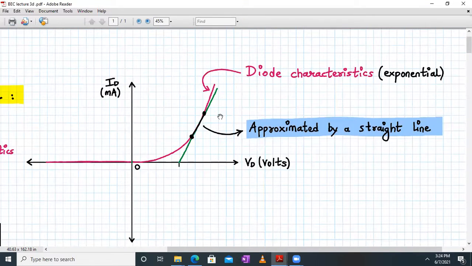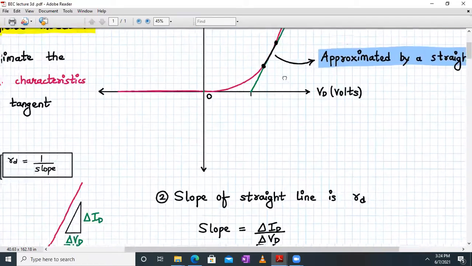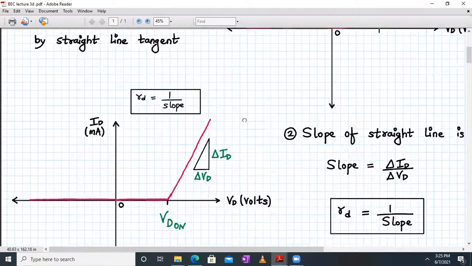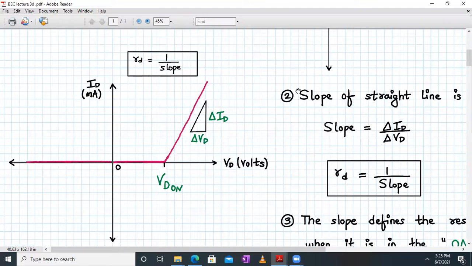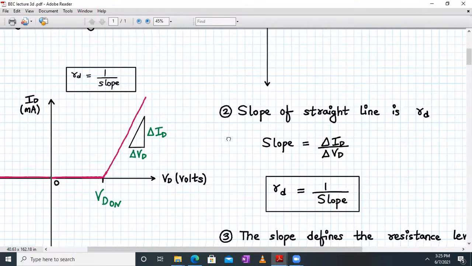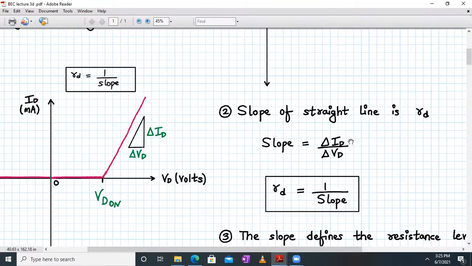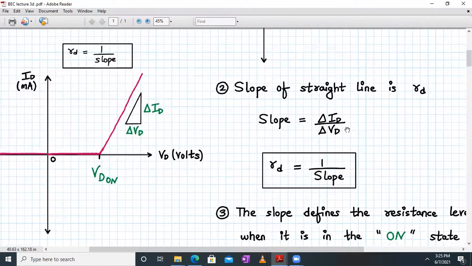And we calculate the slope of this straight line, and that slope is actually related to RD, the dynamic resistance. The slope will be given by y2 minus y1 upon x2 minus x1, which will be delta ID upon delta VD, where RD will be 1 upon slope.